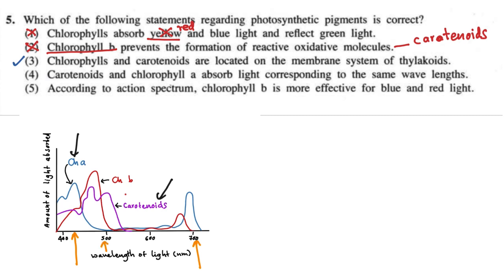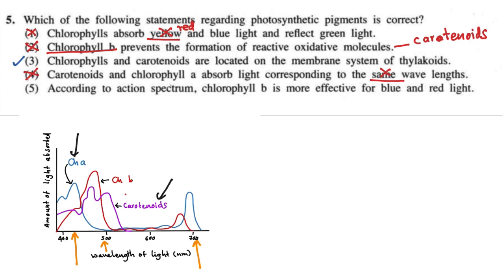So they are different. So this option 4 is incorrect. It says carotenoids and chlorophyll A absorb light corresponding to the same wavelength. So it is incorrect because they absorb light corresponding to different wavelengths. So option 4 is incorrect.